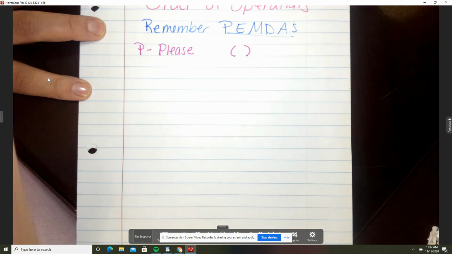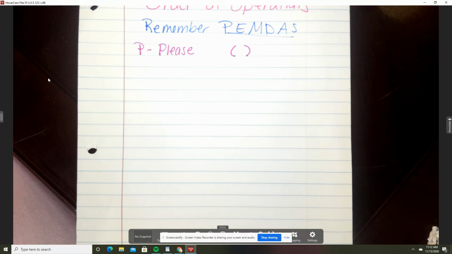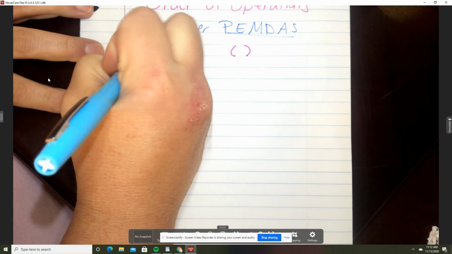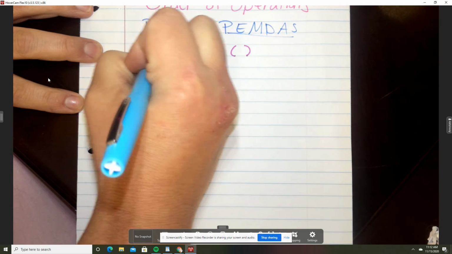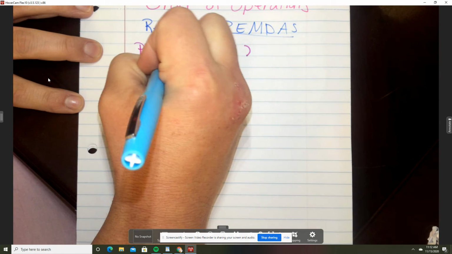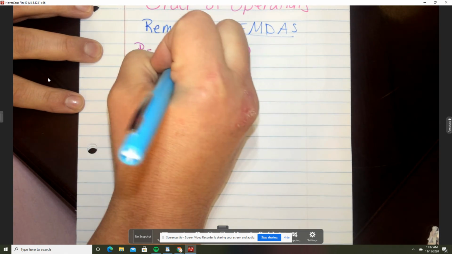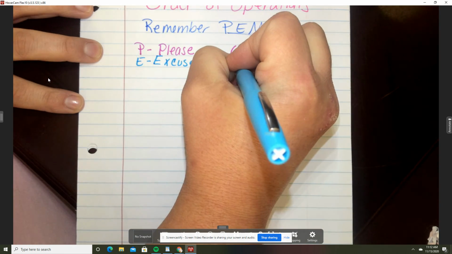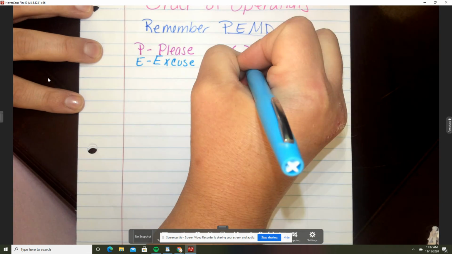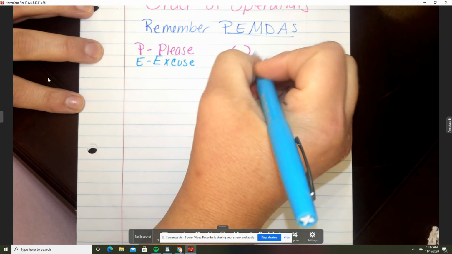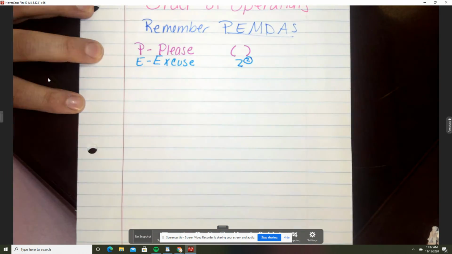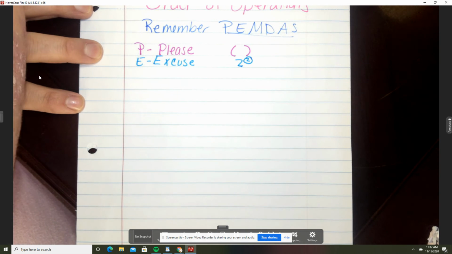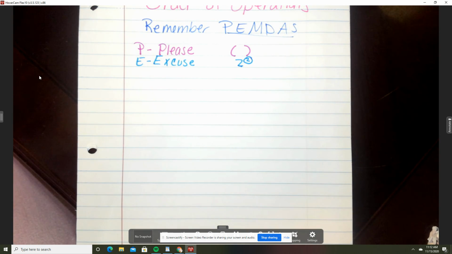And then we've got excuse, which we actually don't have to calculate this one, but we need it to remember the saying. And you'll have to use it next year. So excuse, and that is exponent. So what we're talking about is like if you have 2 to the second power, this right here is an exponent, okay? Then we have my.